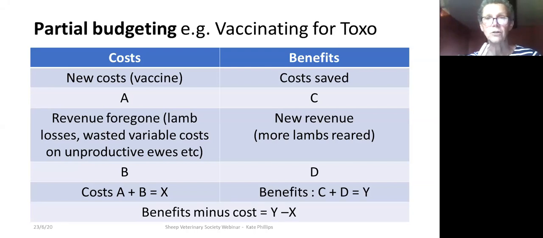So looking at realistic figures here, we can't say vaccinating for toxo is going to stop all abortions and rear more lambs. We've got to look realistically at how many more lambs the farmer is likely to rear from vaccinating for toxo.